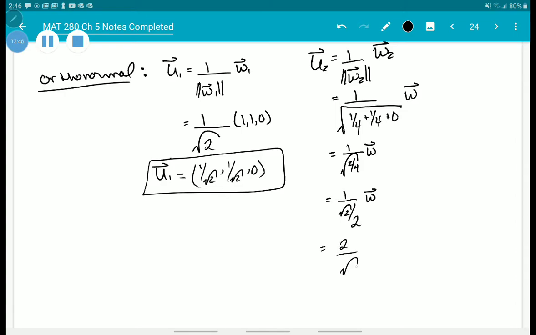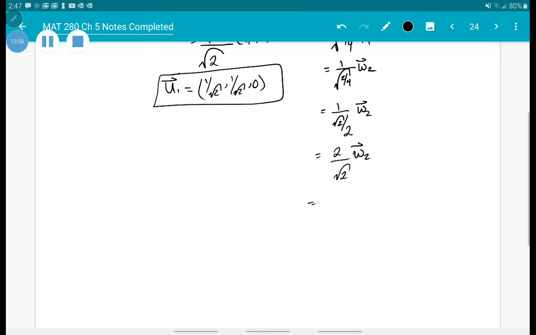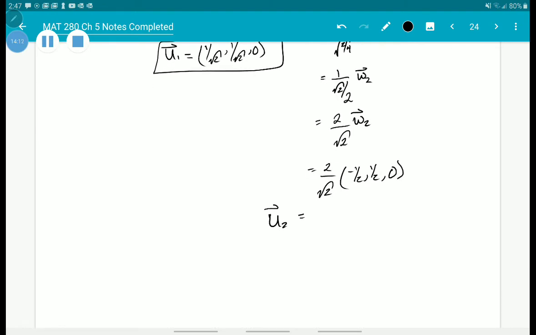So that's 2 over square root of 2 times W2. So W2 was the vector negative 1/2, 1/2, and 0. So our U2 vector is negative 1 over square root of 2, 1 over square root of 2, and 0.